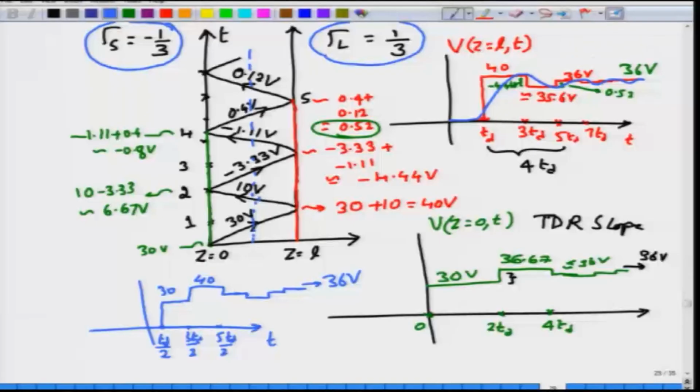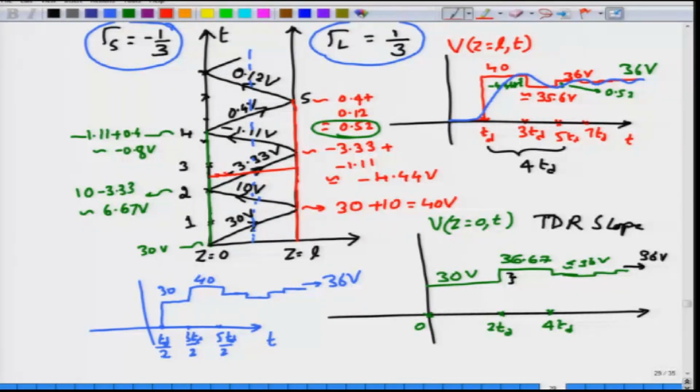Okay. In some additional cases you would also be interested in the voltage along the line at a particular time. So, if you fix the time to be say 2.5 Td, what would be the voltage along the transmission line, and again that would be easy for you to find out. You need to now move your marker along the horizontal axis.